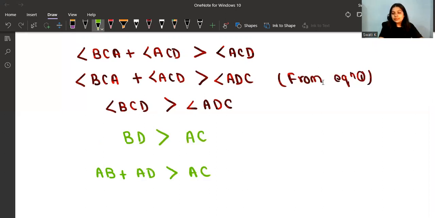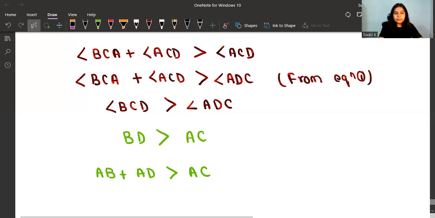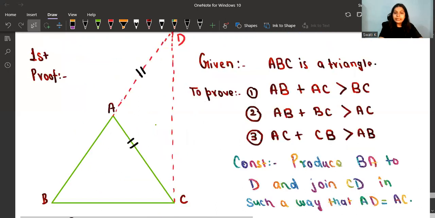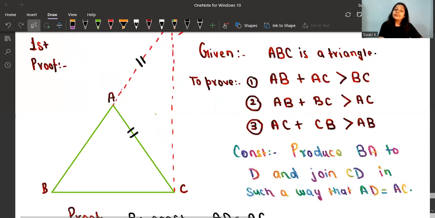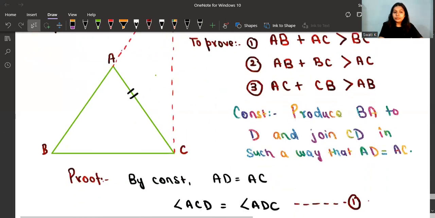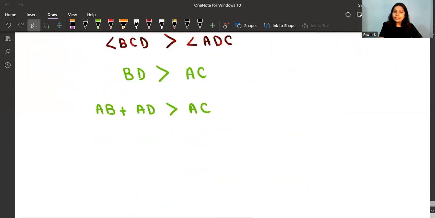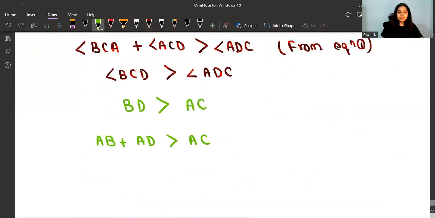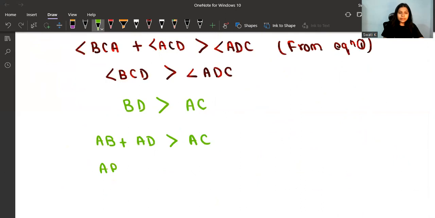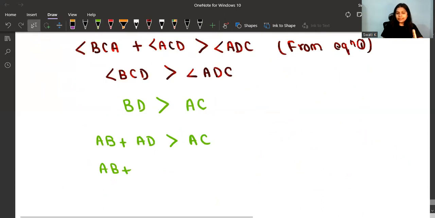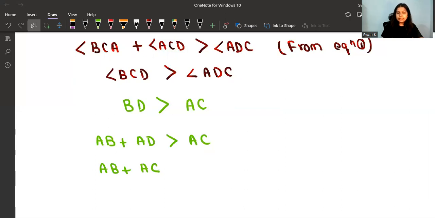Now you can notice here one thing. AB plus AD, but AD equals AC, that we already got using our construction. So instead of AD, we can write down AC, right? So this will become AB plus AC greater than the side opposite to angle ADC.